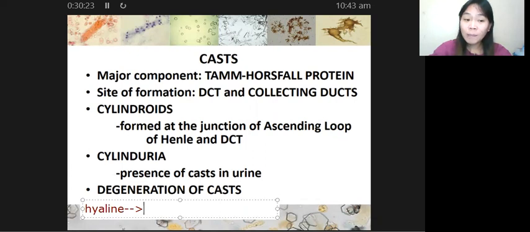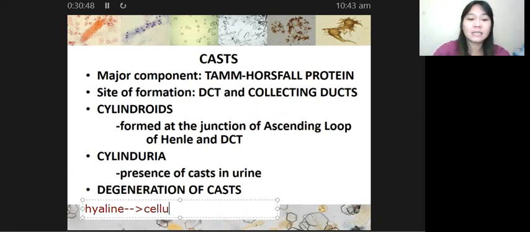So, syempre, kung yung hyaline casts natin fail to detach itself due to urine stasis, the different cells that are present in our urine filtrate will be enmeshed. Okay? They will be entrapped in your hyaline casts.